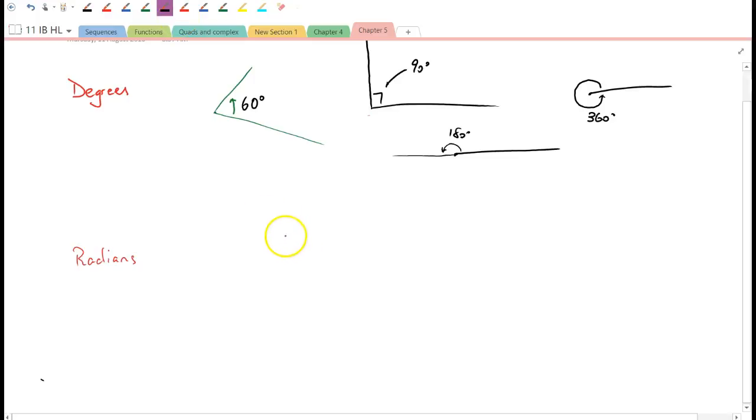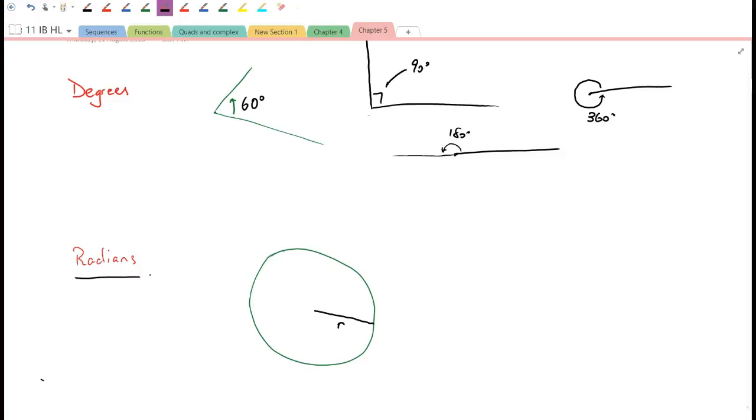So again, I'm going to have a go at drawing a circle here, like that. That's pretty good. And I'm going to go right from the center. We're going to construct a radius. Call that R. Now note that radians, there's a similarity in the word there, and that's no coincidence. So what we're going to do is construct another radius out here like this, obviously the same length, and let's call this angle in here theta.